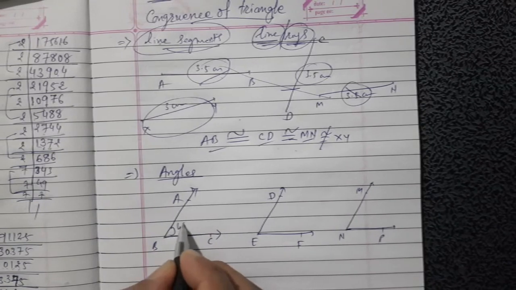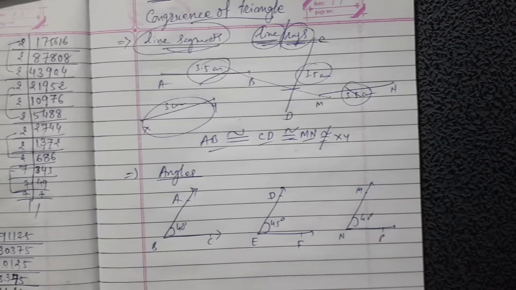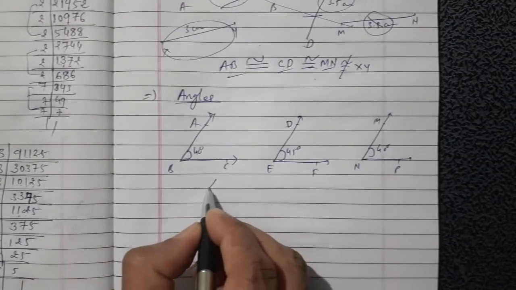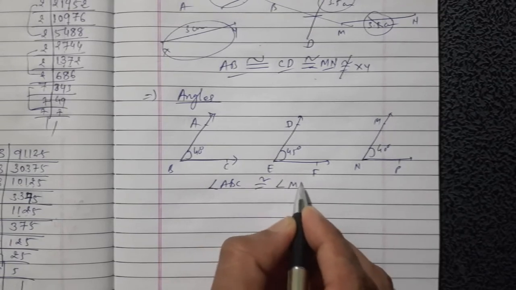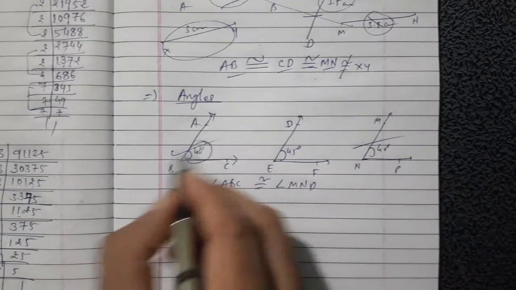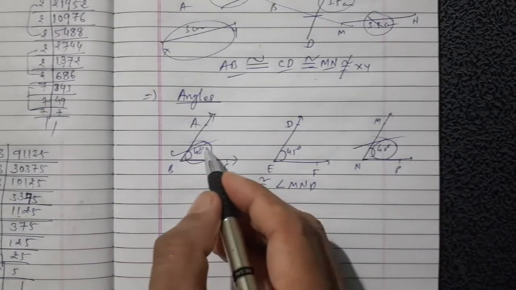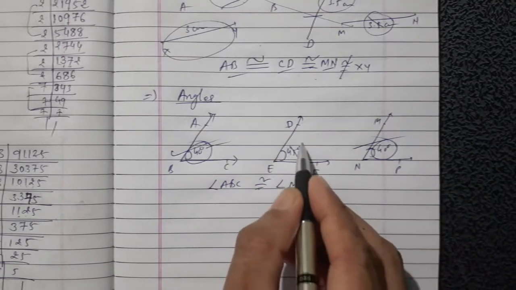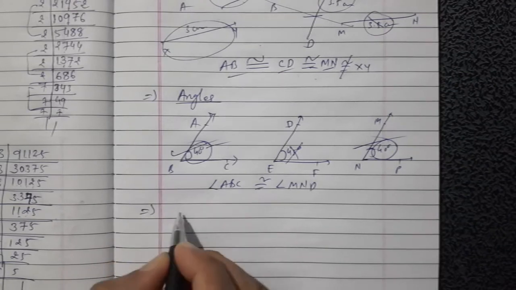This one is 40 degrees, this one is 45 degrees, and this one is 40 degrees. So angle ABC is congruent with angle MNP, because they have the same angle measurement, and the other one is not congruent. Same in triangles.